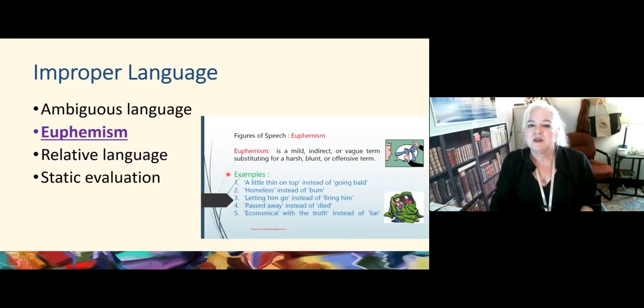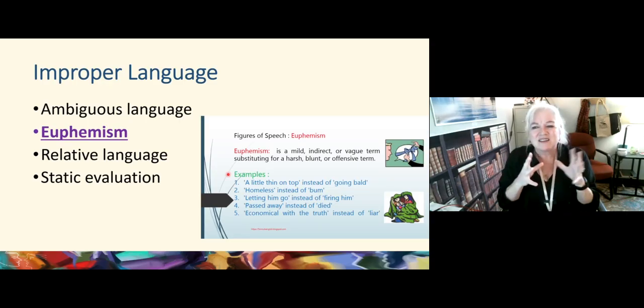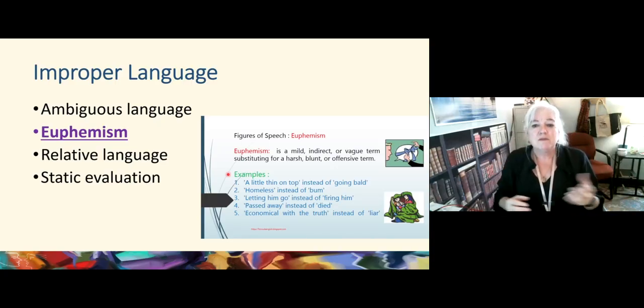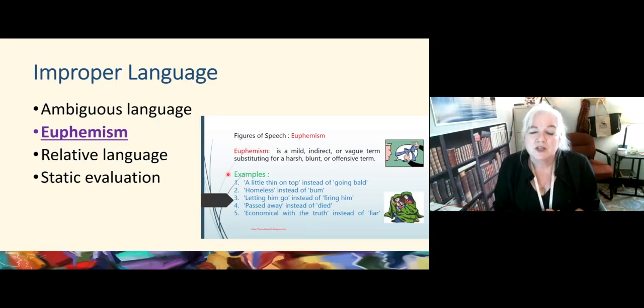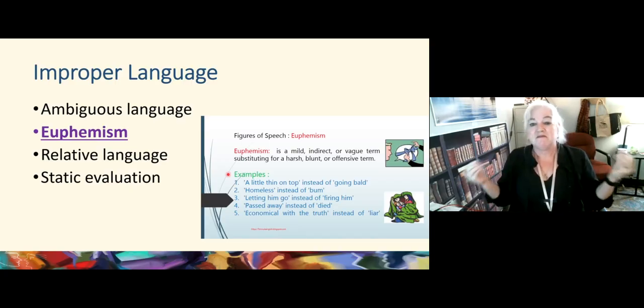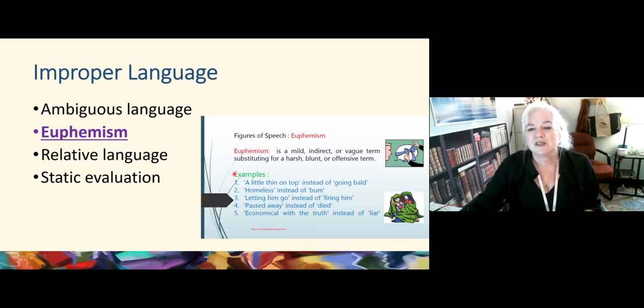Some other forms of improper language, you've got ambiguous language that it could mean anything. Abstract, it may be that you have multiple definitions here, so you don't know exactly what you're saying. A euphemism is considered improper language. It's mild, indirect, a vague term, and it gives you some examples here because I figured that one might be a little difficult.